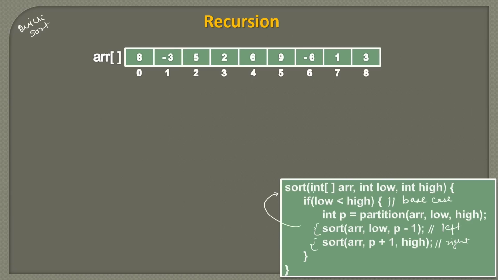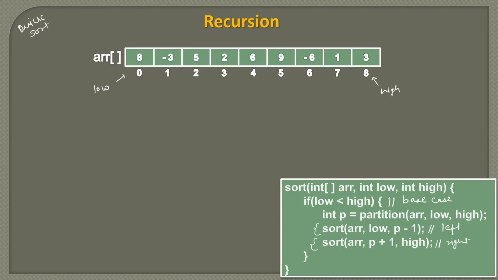At a high level, let's see how this recursion looks. In our next video, we will see the step-by-step demonstration of this quicksort algorithm. But for the time being, we can just see at a high level how this recursion looks. At the start, we need to sort this complete array. So this will be our low and this will be our high.